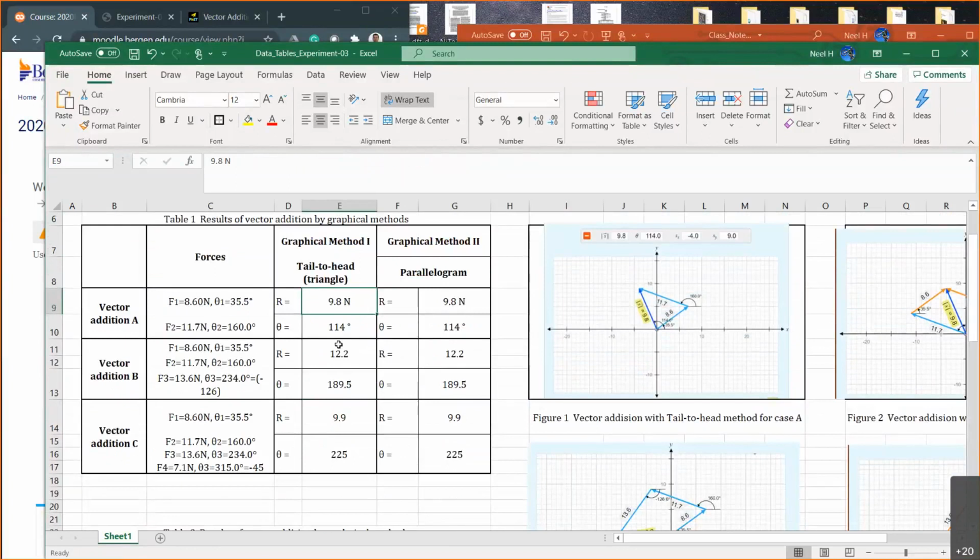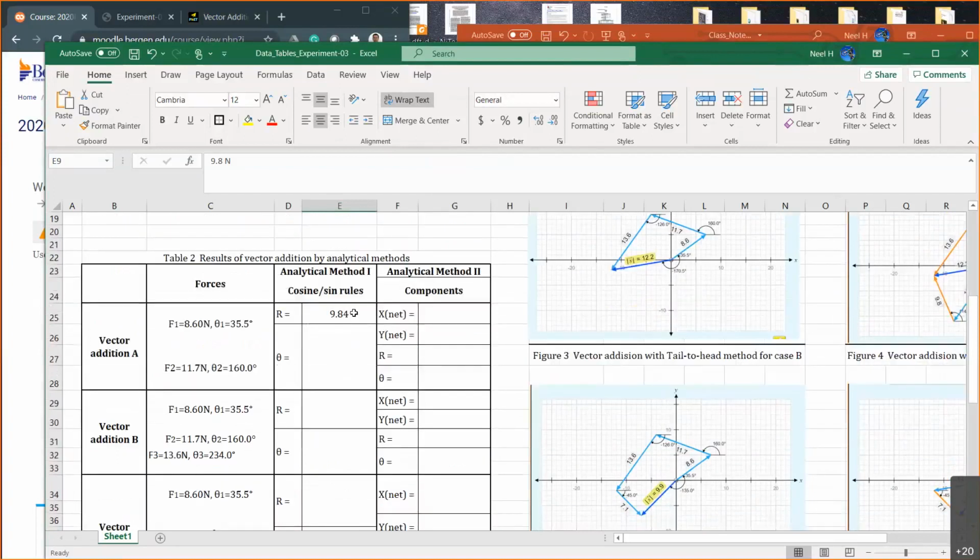That takes a lot of time, and this number will be considerably off. You can get 10.1, 9.5, various different numbers depending on how precisely you draw. Because of that, we're going to see considerable error sometimes. That's okay. All right, so let's continue.